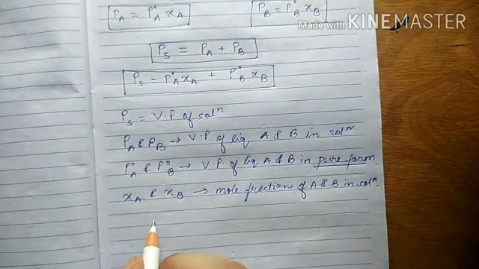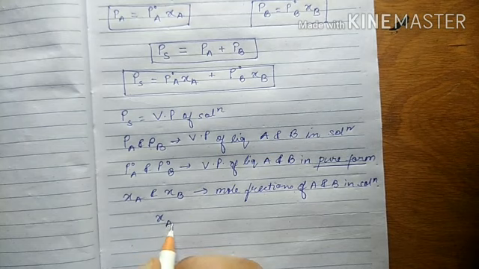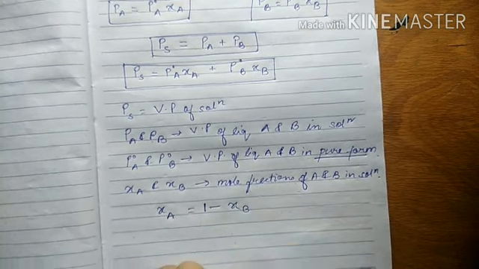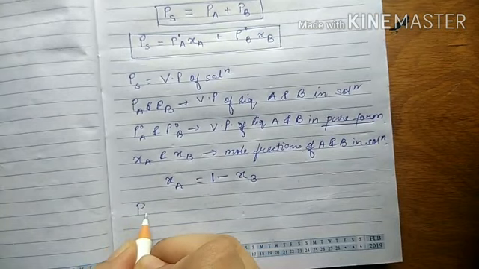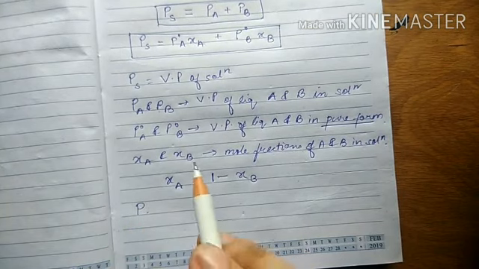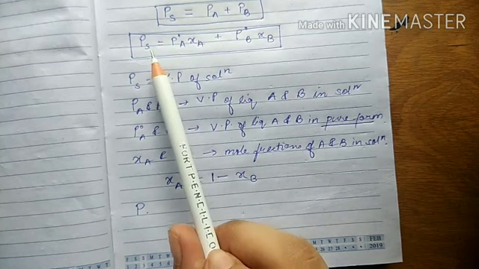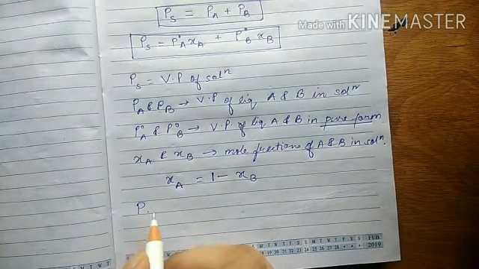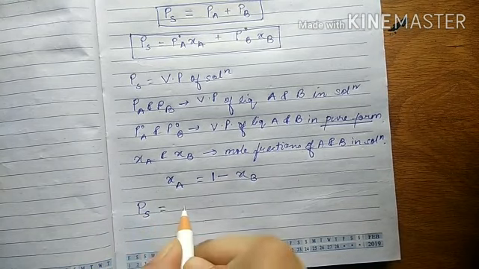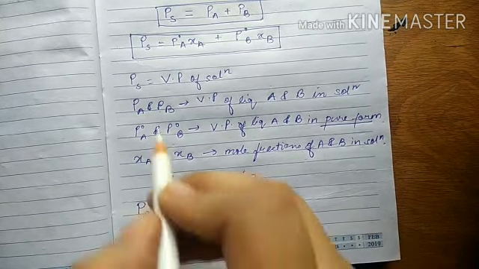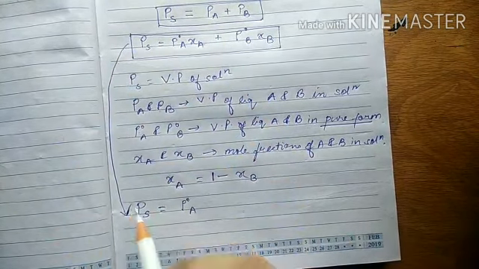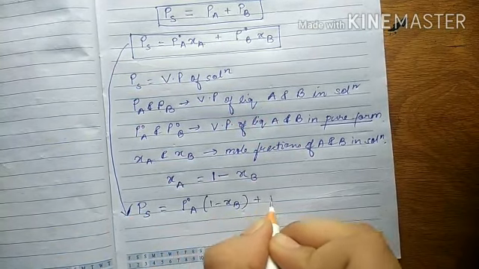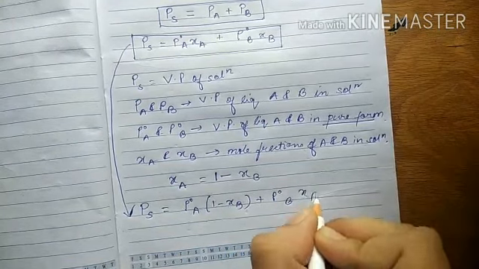Now we can derive yet another formula, as we know that mole fraction of A is equal to 1 minus mole fraction of B. The formula was PS is equal to P naught A XA plus P naught B XB. So we can write that PS is equal to P naught A, from here in place of XA we can write 1 minus XB, plus P naught B XB.